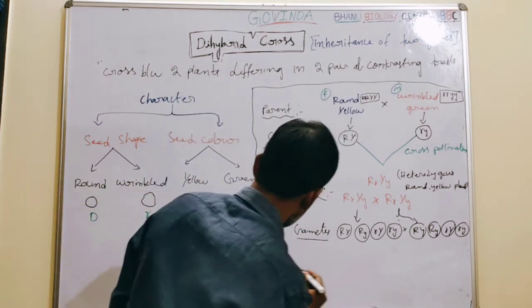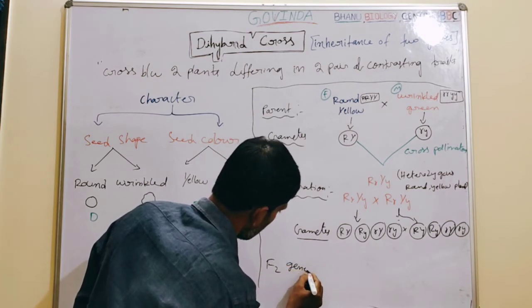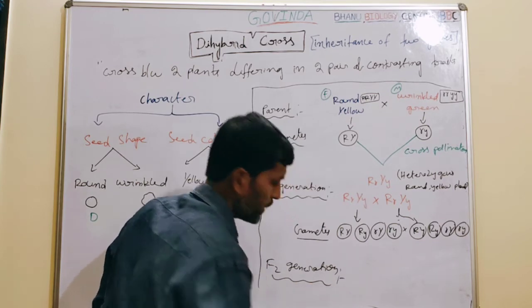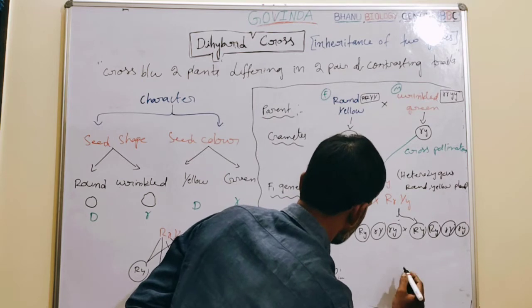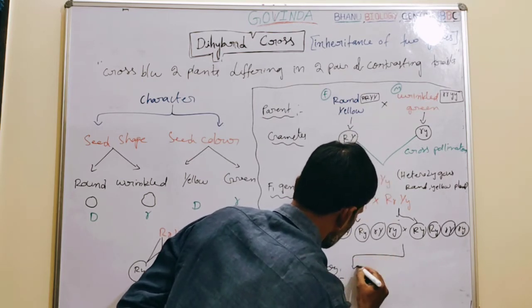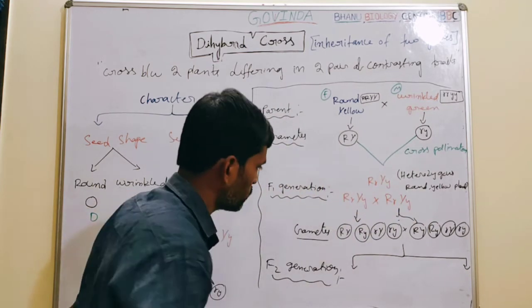Right, then in the F2 generation, second filial generation, we get, theoretically I write, there are totally 4 types of combinations. So we got in the F2 generation.